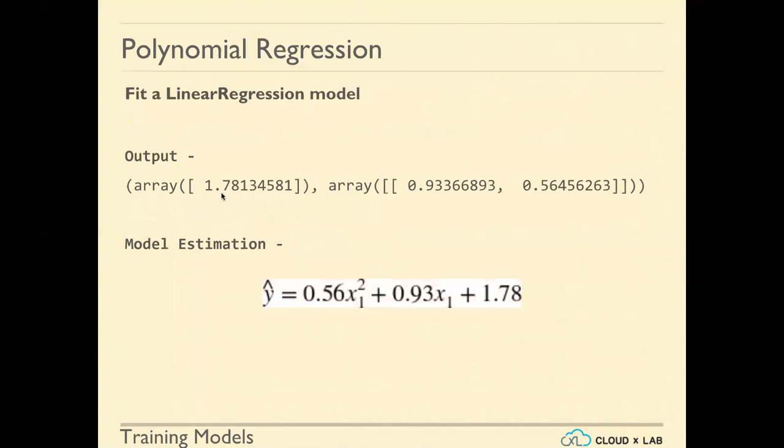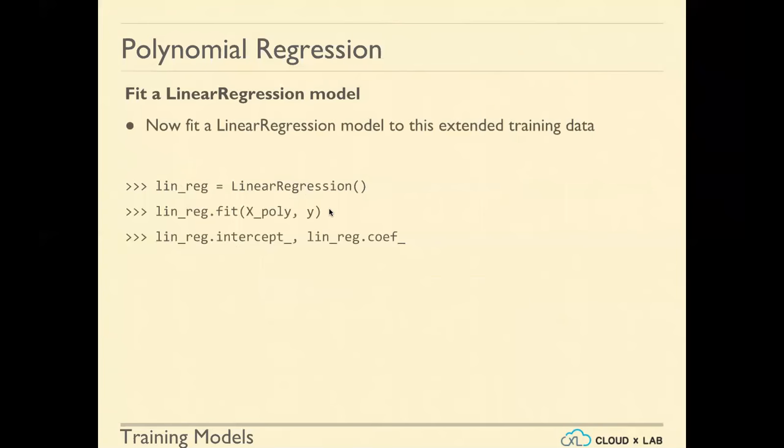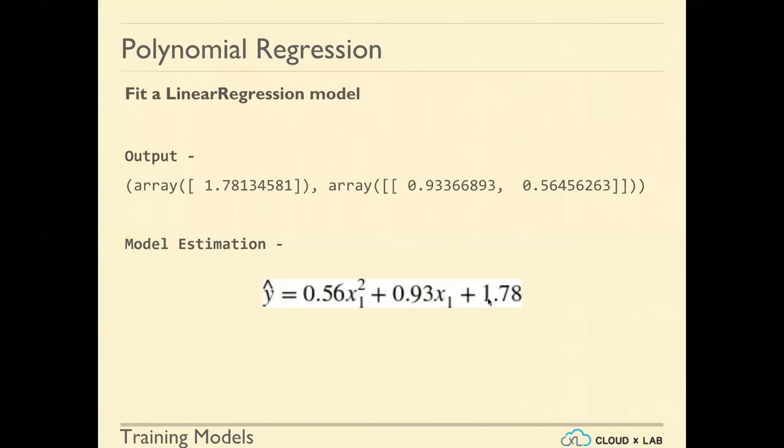This is C, the bias, or you can say X naught, and this is X1 and X2. This is the intercept, and these are the coefficients. This is 1.7, and these are the coefficients for x1 and x square.